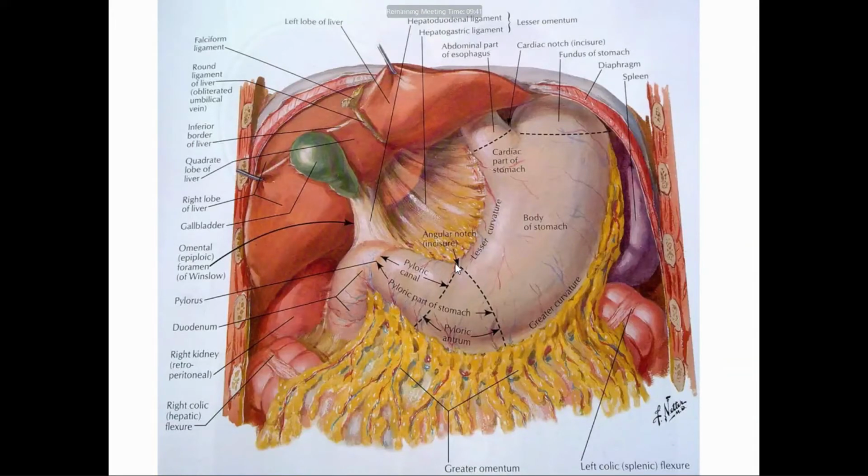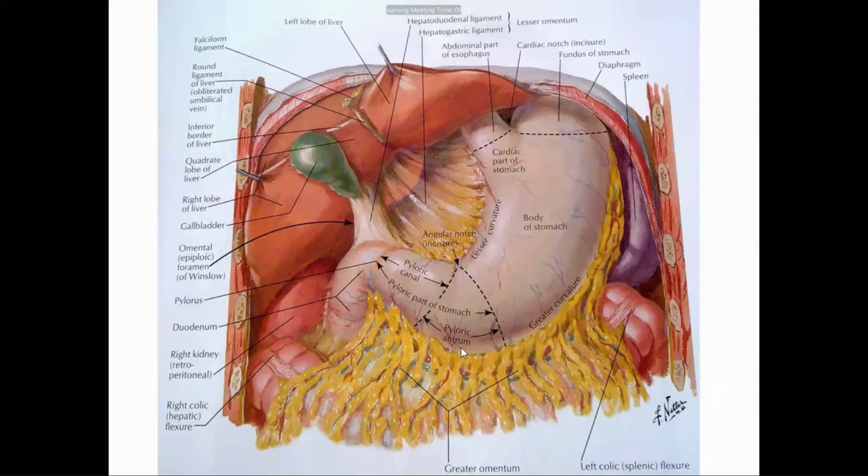So now the second imaginary line is drawn from the incisura angularis, which is the most dependent part of the lesser curvature. From there, one imaginary line is drawn towards the greater curvature, opposite the dilated part of the stomach on the greater curvature. Opposite the incisura angularis, the greater curvature is dilated.